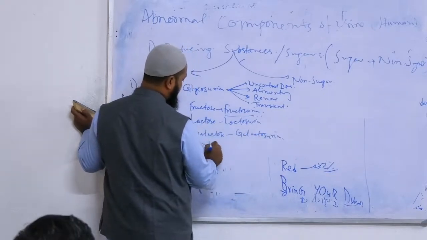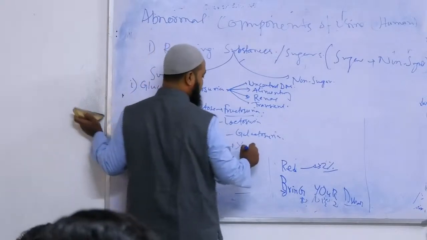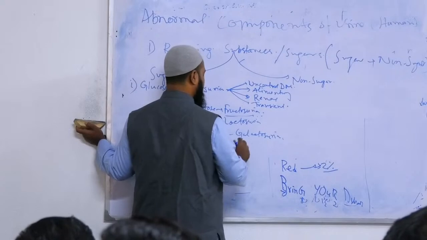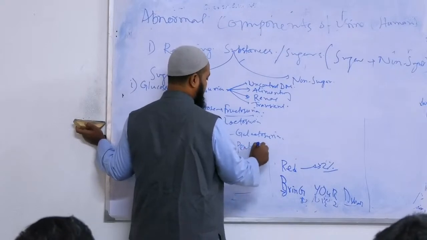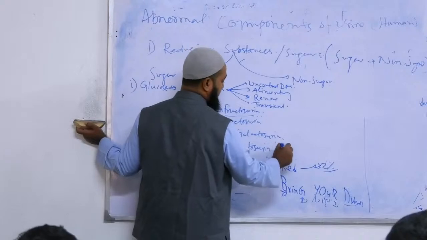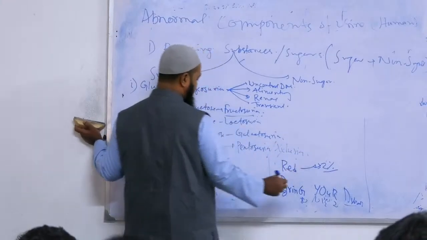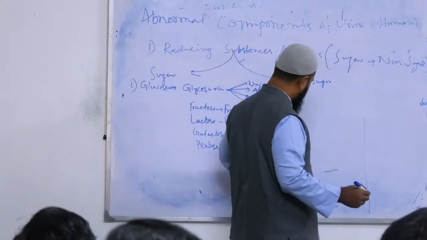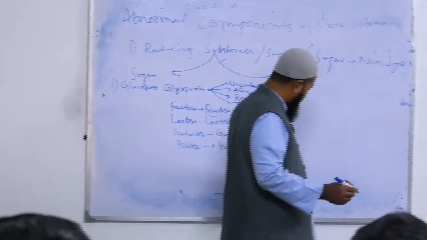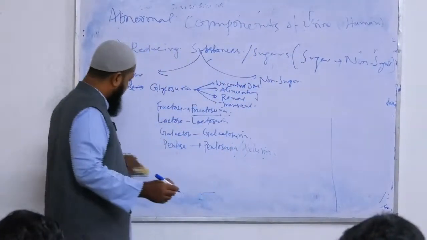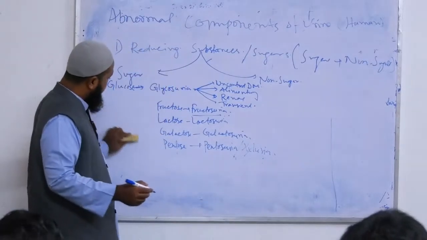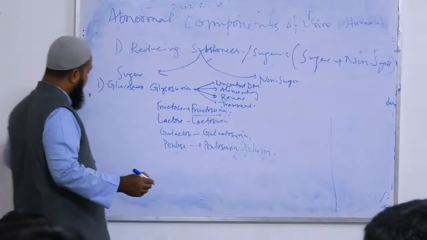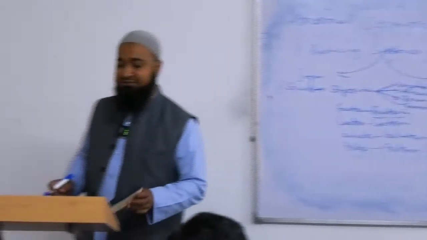Pentose, xylulosuria and pentosuria. They are all carbohydrates and reducing. If the sugar present is sucrose, then it will not be a reducing substance.